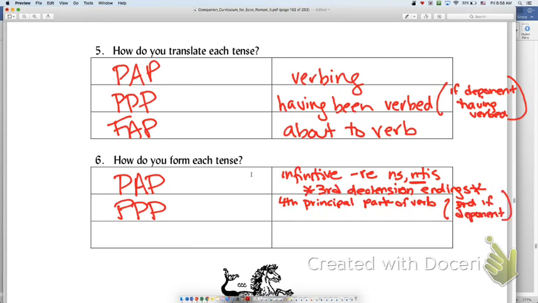Does the deponent only happen for perfect passive? No, it can happen in the other two. It's just that's where it's formed differently. Otherwise, the deponent verbs form the same as every other. And it uses first and second declension endings.